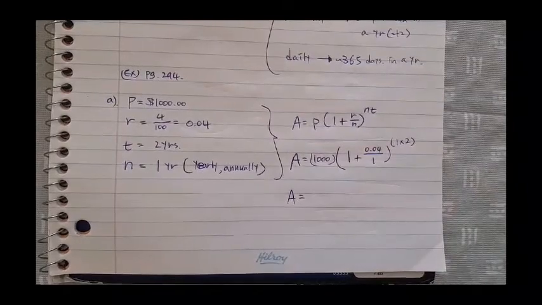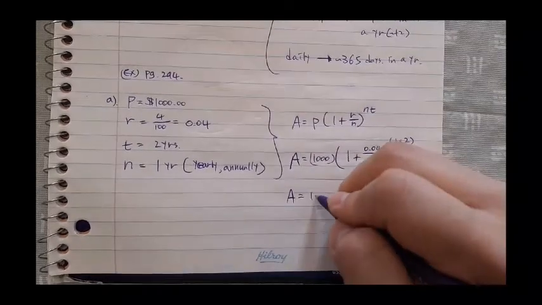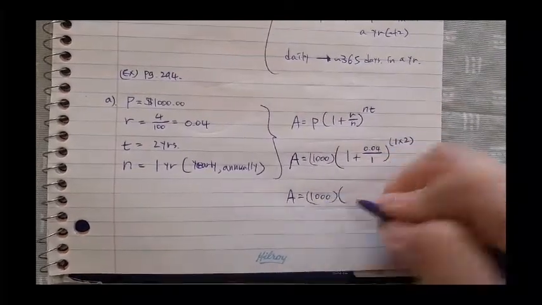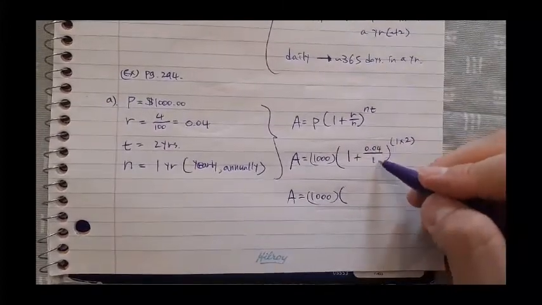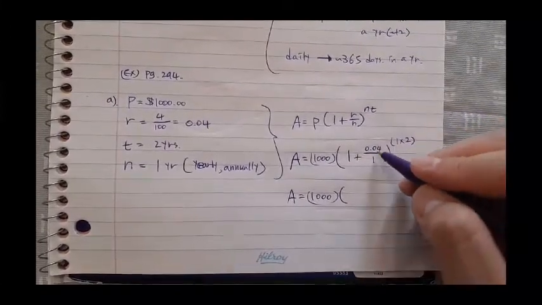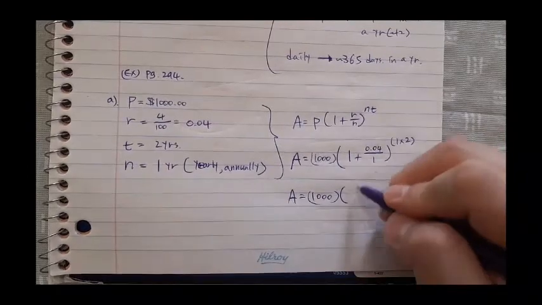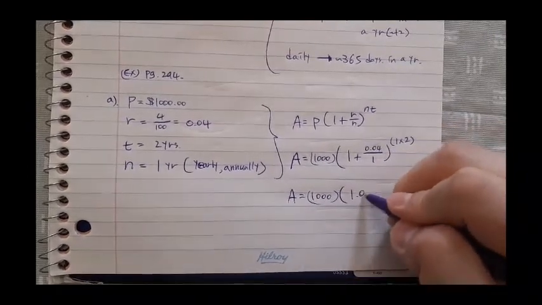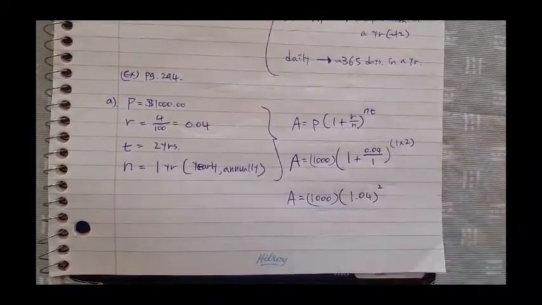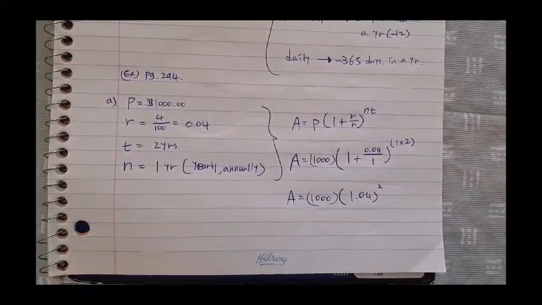I generally like to simplify. 0.04 over 1 is just 0.04. So 1 plus that is 1.04. 2 times 1 is basically a square.